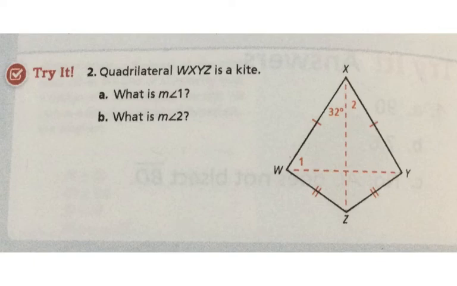What'd you get for the measure of angle 1? 53. Tell me how you got 53. Is that right? How'd you get it? I'm not telling you yet. You just felt it?